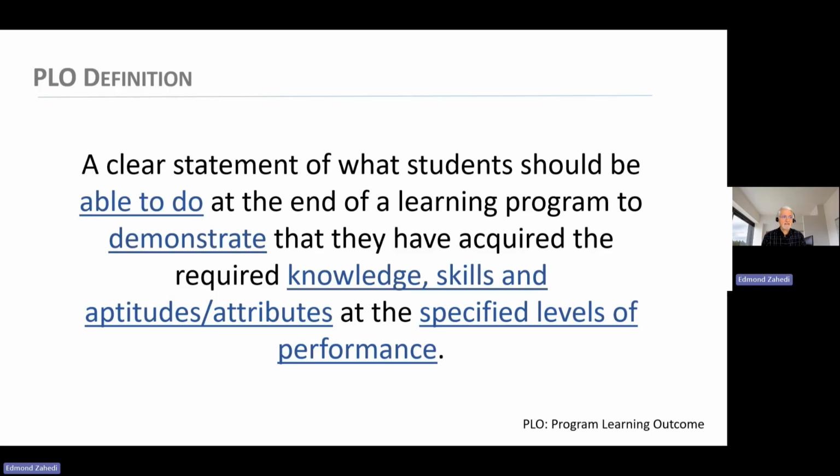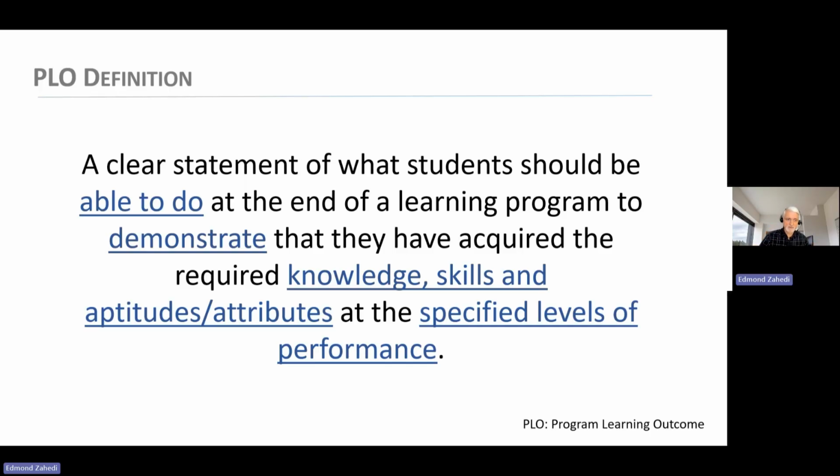So first of all, it focuses on what students are able to do. We are talking about action verbs, in order for them to demonstrate that they have effectively, efficiently acquired the set of knowledge, skills, and aptitude that you as the academic program have decided that they should have. So everything is controlled, informed, derived by your vision and your will.